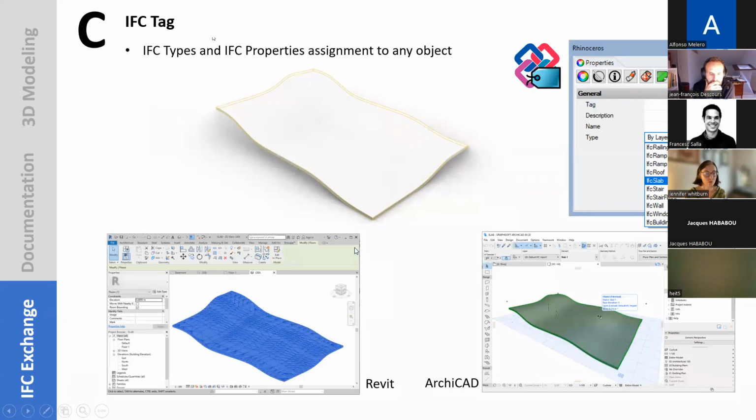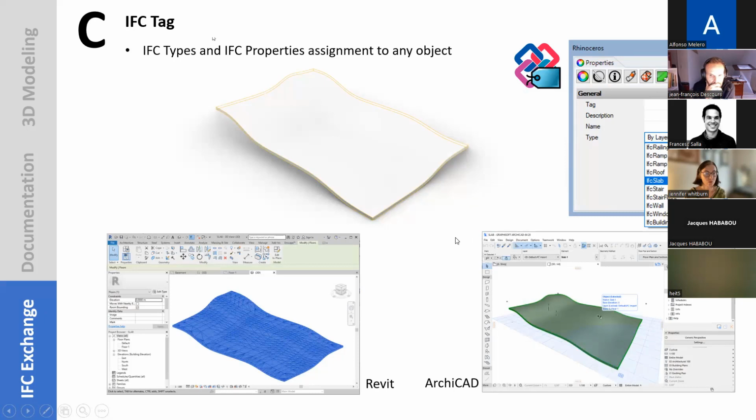And of course, in the Rhino model, we don't only work with VisualARQ objects. We can work with very complex, very freeform pieces of geometry, and still we can select it and tag it with specific data. For example, we can tell this polysurface that it is a slab with this IFC tag feature.